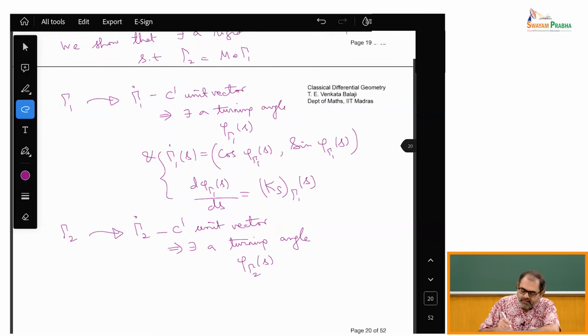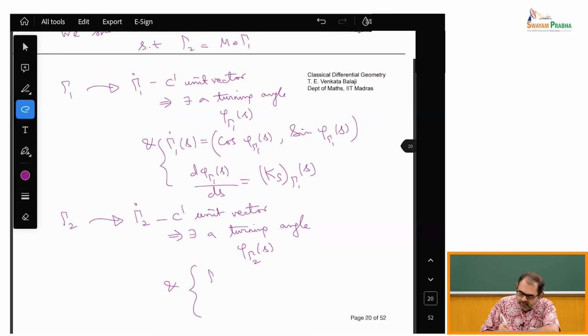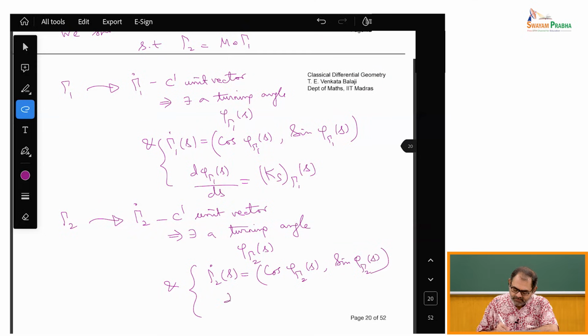Again you will get that gamma 2 dot of s is cosine of phi gamma 2 of s, sine of phi gamma 2 of s, and d phi gamma 2 of s by ds is k sine gamma 2 of s.